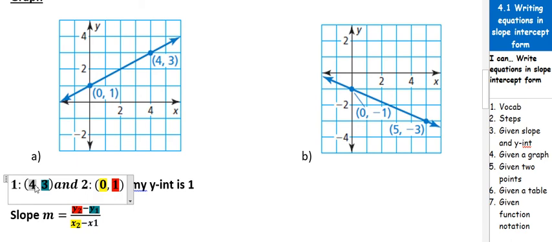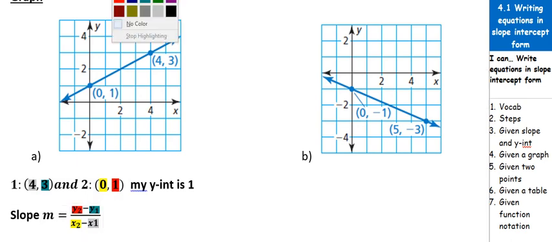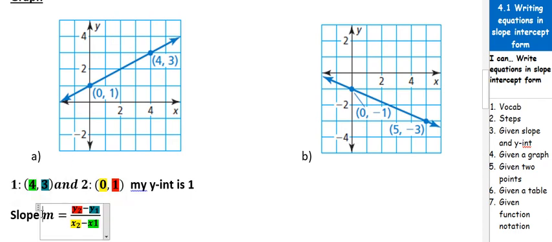Here I have the x value of the first equation. Take a minute and really look at that pattern. y2 minus y1, red minus blue. It's the y values. x2 minus x1, 0 minus 4.